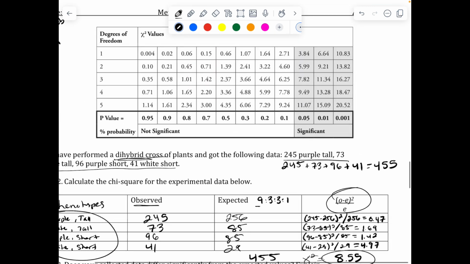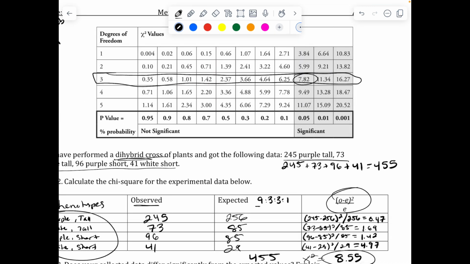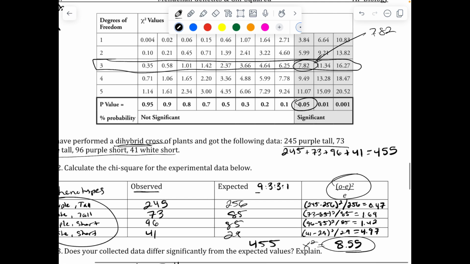So I go up to my chart, and I'm in this row. And typically, we look at a p-value of 0.05. And this critical value is 7.82.